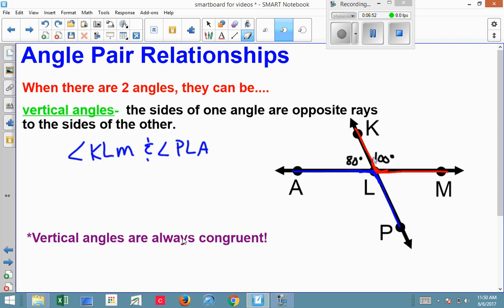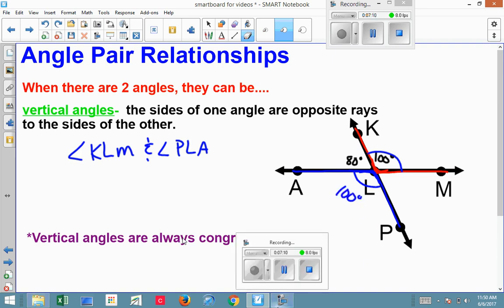So I can go ahead and mark the same markings in both because I just said that vertical angles are congruent. And if angle KLM is marked with 100 degrees, I can now add that angle PLA also measures 100 degrees because they are vertical angles, and vertical angles are always congruent.